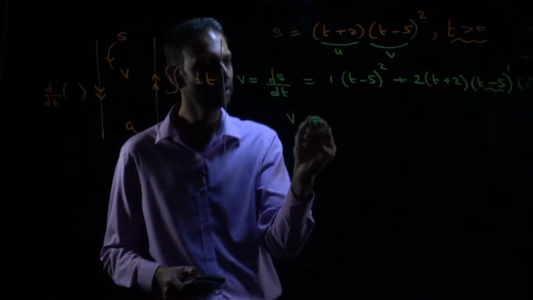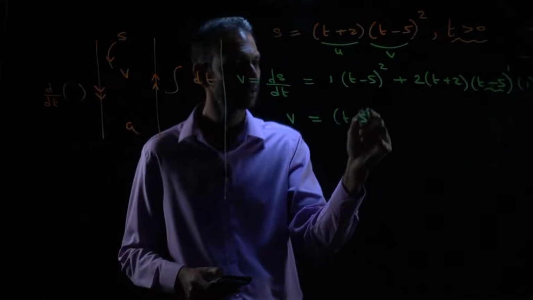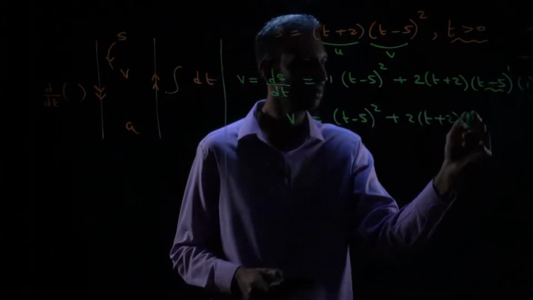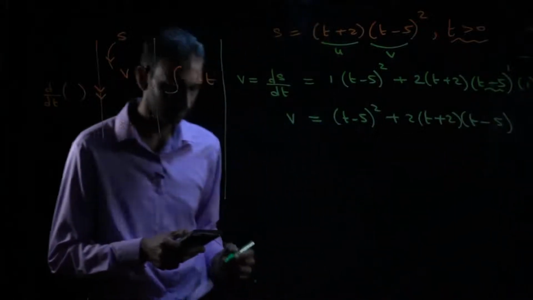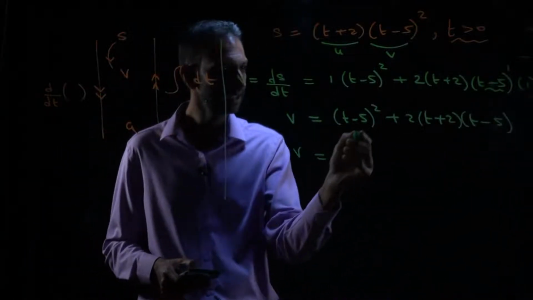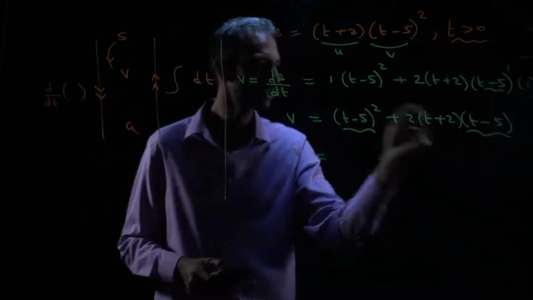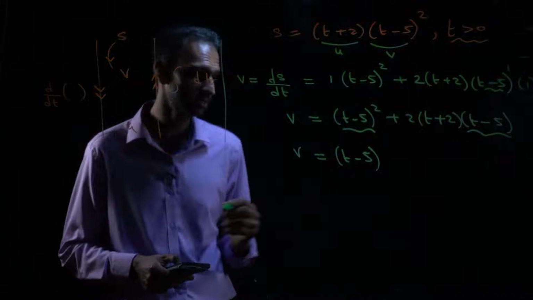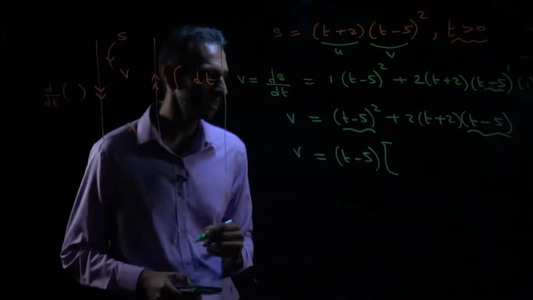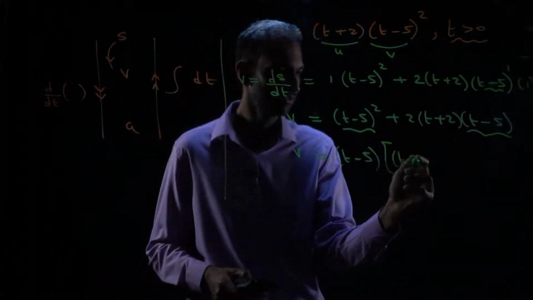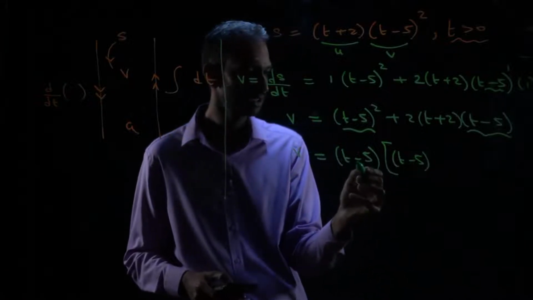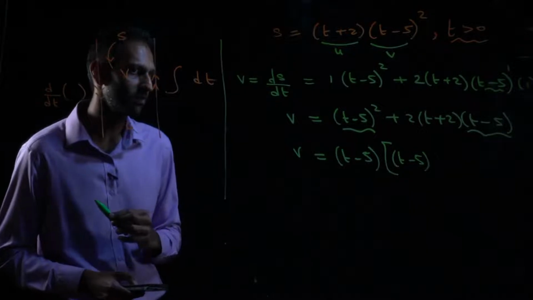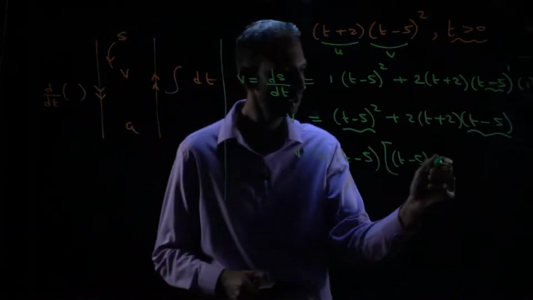So v is equal to t minus 5 to the squared plus 2 times t plus 2 multiplied by t minus 5. Now, if you look at it, you see that t minus 5 is common. I can factorize the t minus 5 outside to get a nice expression. Open bracket. T minus 5 inside, because t minus 5 times t minus 5 brings me to the original term, which is t minus 5 to the squared, plus 2.